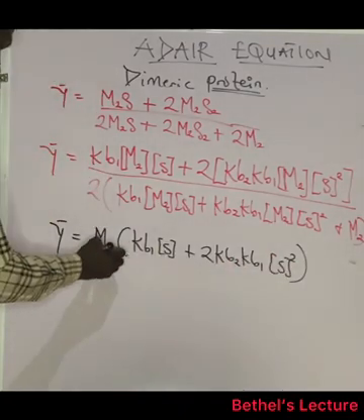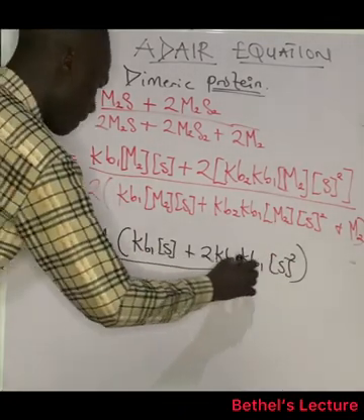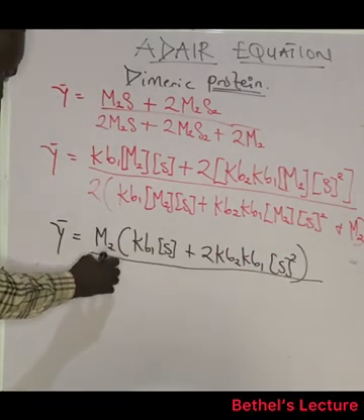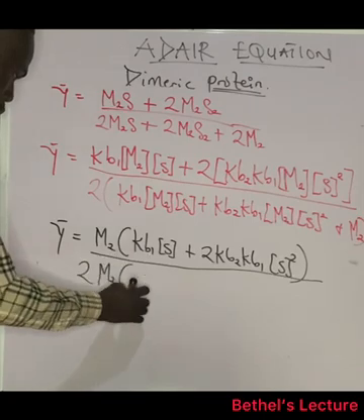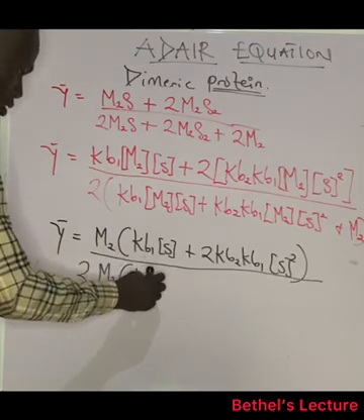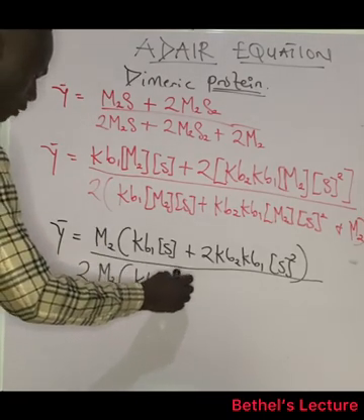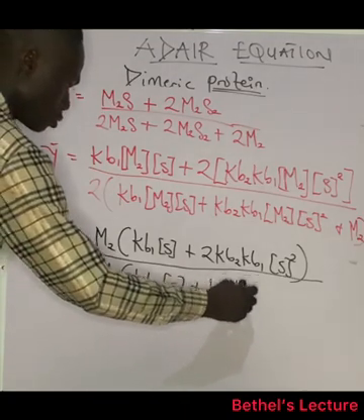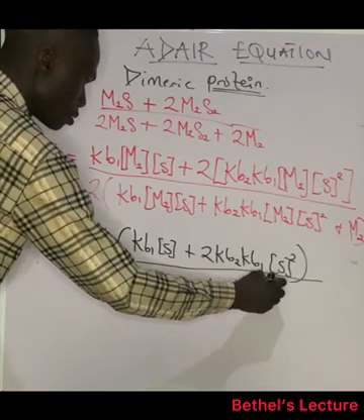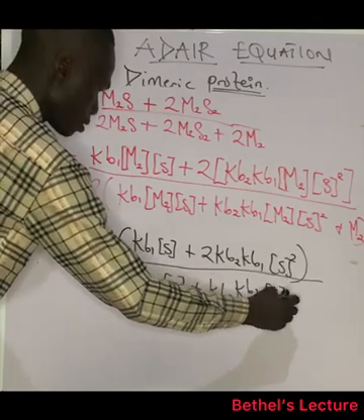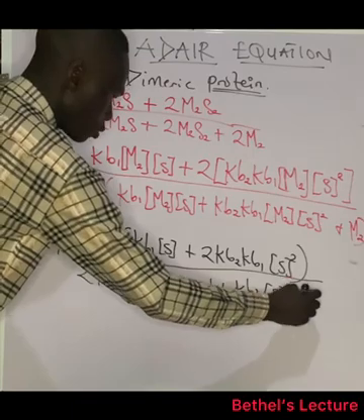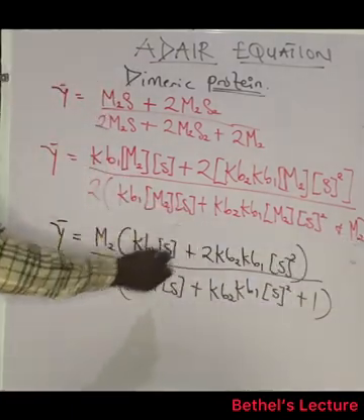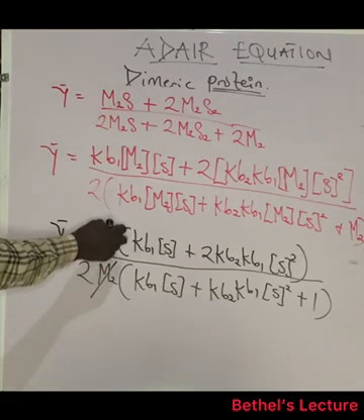Are you getting it? So all over, take out M2. We have 2 M2 open bracket. What is left there? KB1 S plus KB2 KB1 S squared plus 1. Remember we factorized M2, right? So that's why I have 1 there. So this one, take out this one.